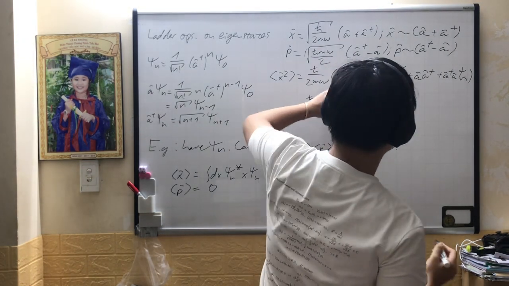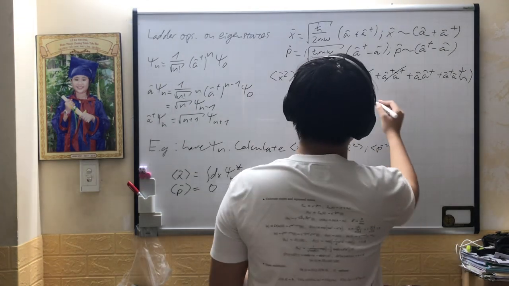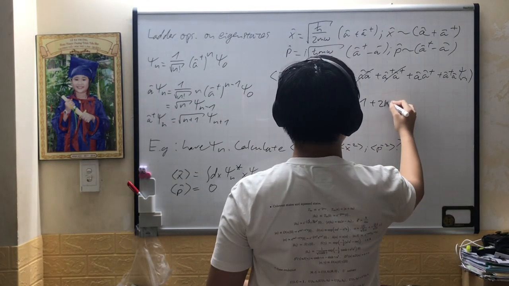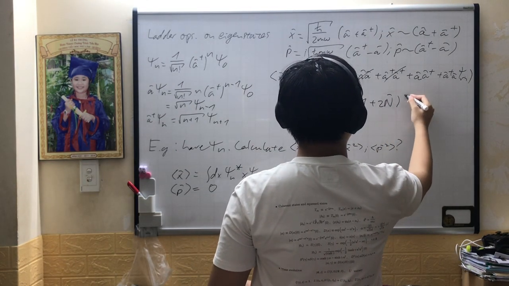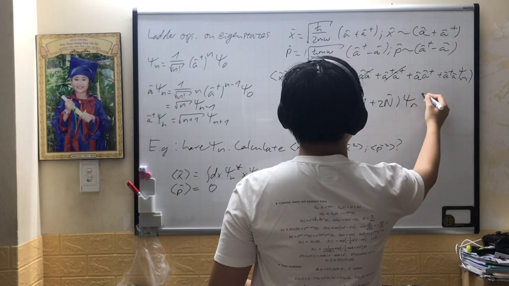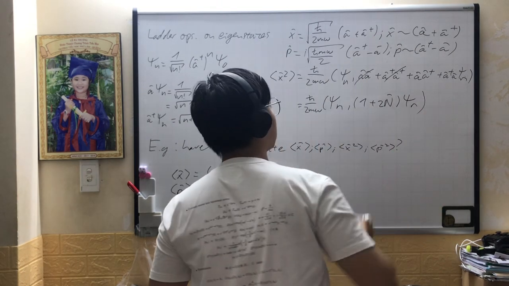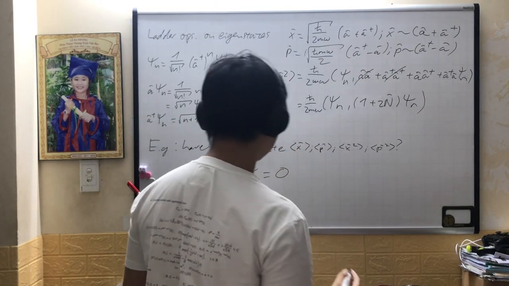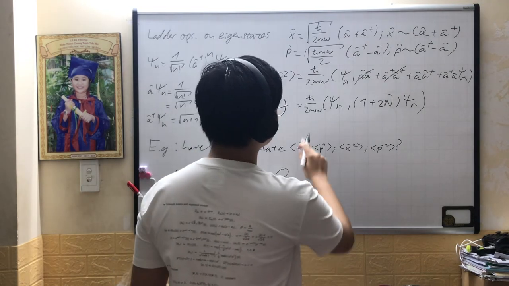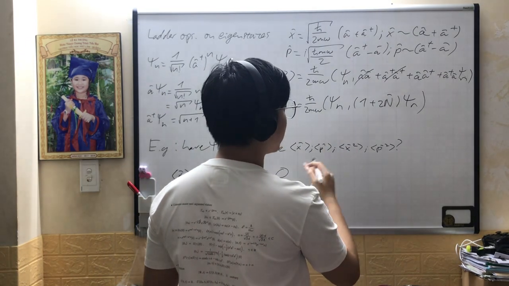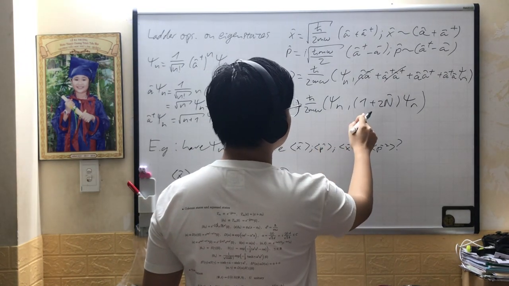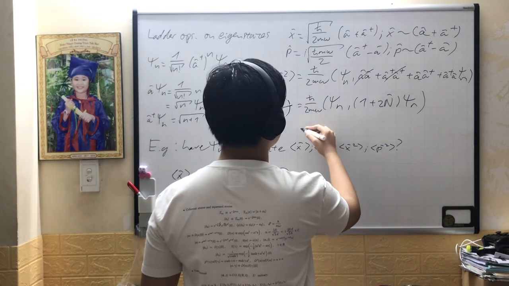So I would write this as 1 plus 2n, on psi of n.